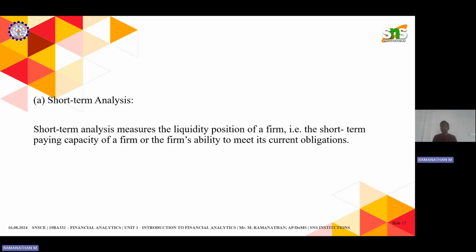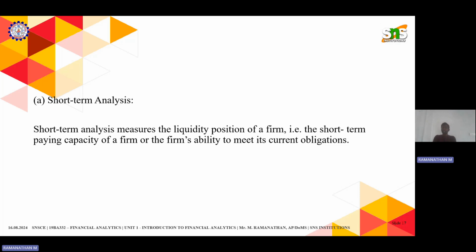If I speak about short-term analysis, it speaks about working capital and the source of funds or source of finance, how much I am going to contribute, or the liquidity position of the firm, how I am going to circulate it. It speaks about entirely the cash flow statement. Fine.